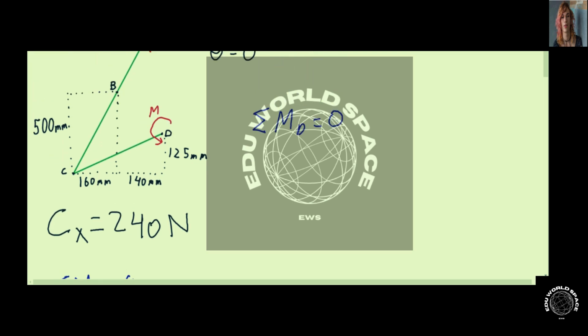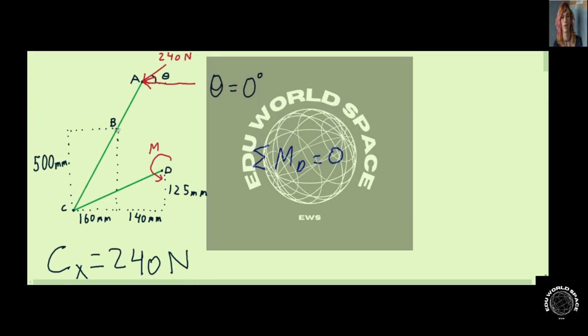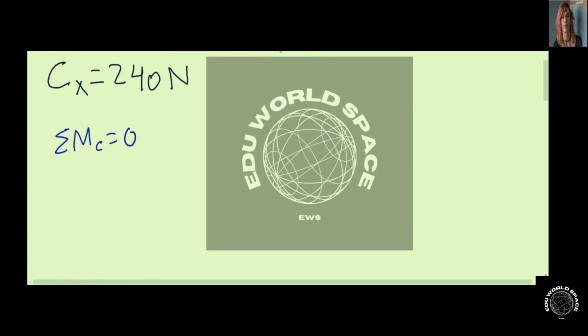And next we're going to take the sum of moments about the point C is equal to 0, and we're going to solve for the y component of the force at point B. So that's going to be equal to 240 times 500 minus the y component of the force at point B times 160 is equal to 0.